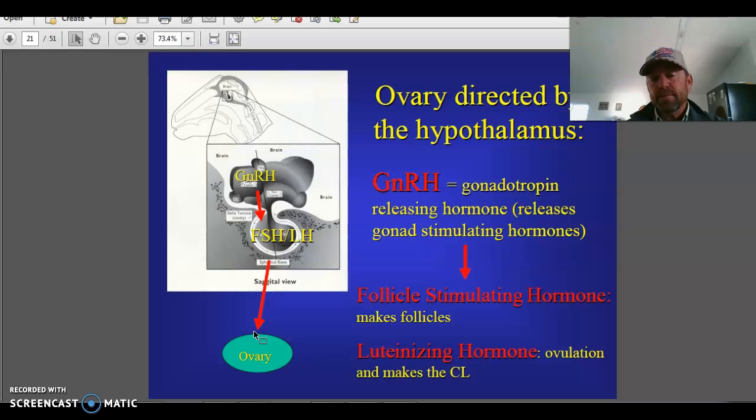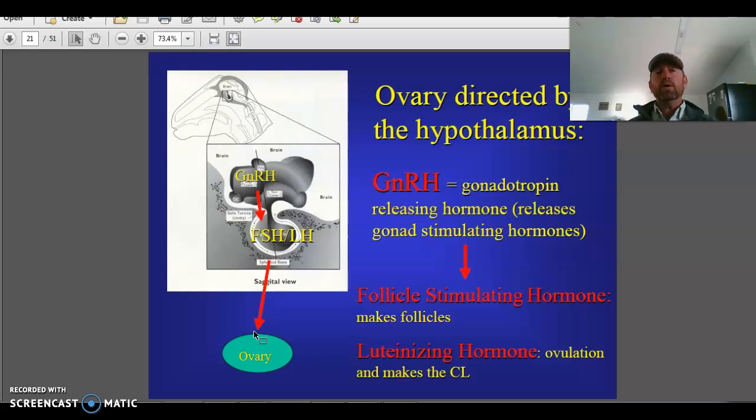If it does not detect implantation from this embryo within 18 days, 20 days, somewhere in that ballpark, this uterus releases a hormone called prostaglandin, PGF2 alpha. And this prostaglandin actually causes that CL to die or to regress.